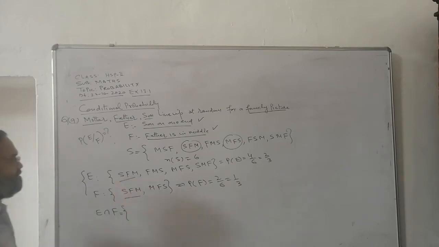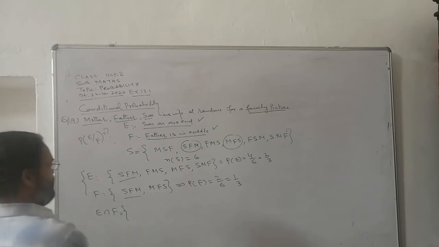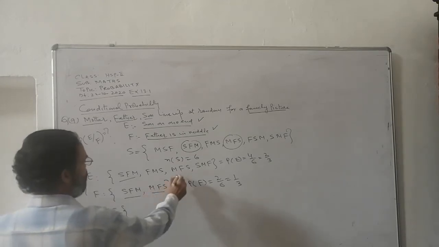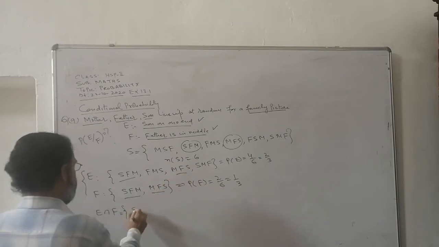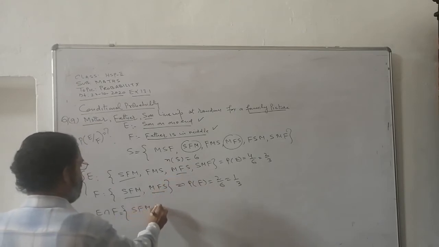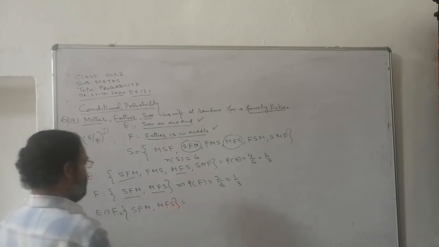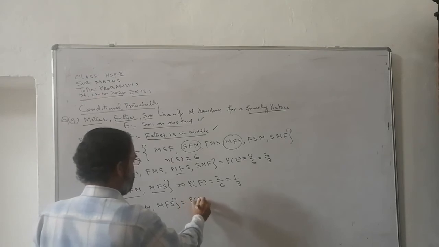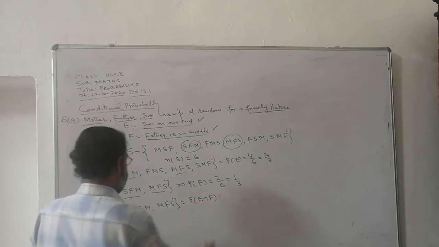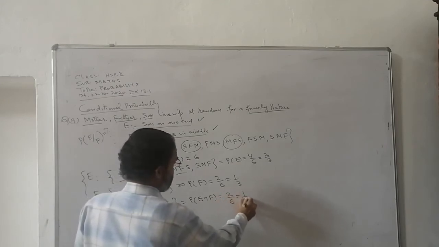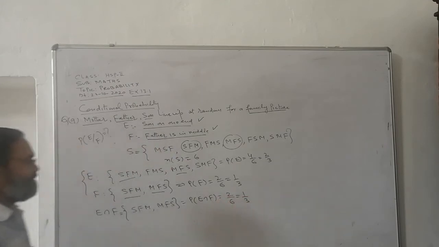One is S F M and the other is M F S. And the probability of E intersection F will be favorable chances 2 and 6, that is 1 upon 3.